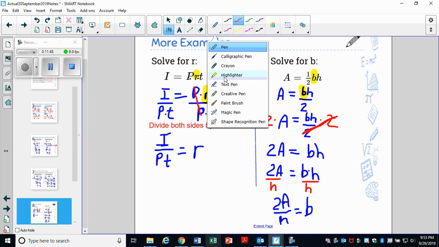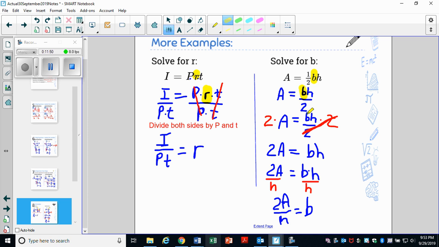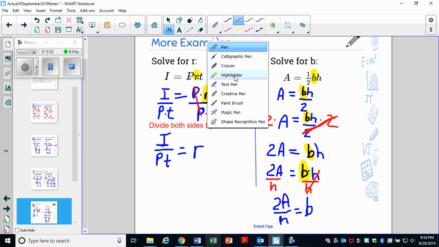And again, you may want to highlight the variable B so you know we are trying to solve for B. You want to get the highlighted variable alone. So now, next step, since we see B is being multiplied by H, the opposite of multiplying by H is dividing by H. So we will need to divide both sides by H. So we're left with B by itself in the very end.